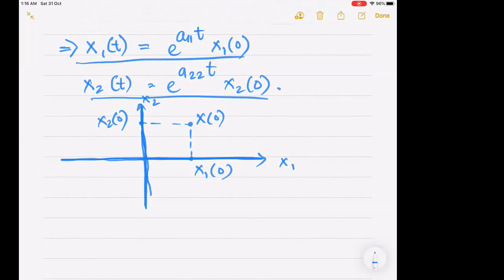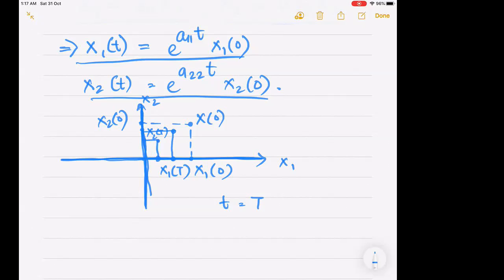Then for a particular time, let's say t equal to capital T, suppose x1(T) is here and x2(T) is here. Then x would be given by this linear combination, which is this point. And similarly, at another time, together it will be this point, like that.